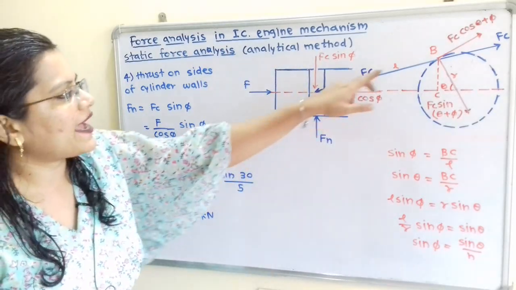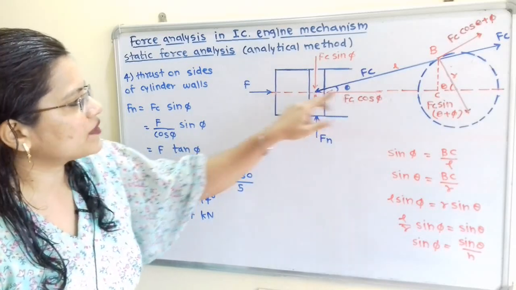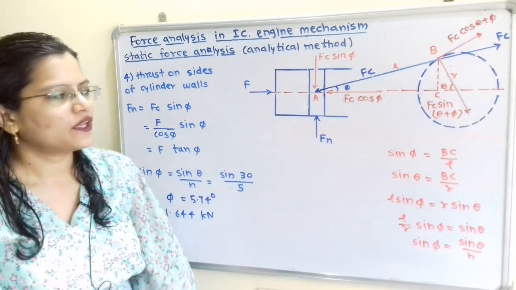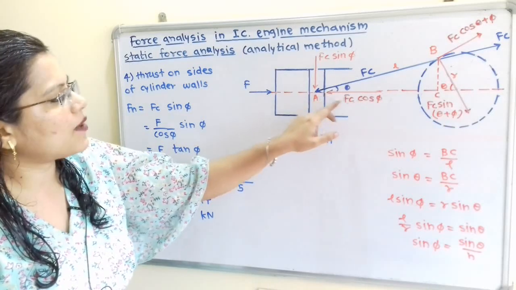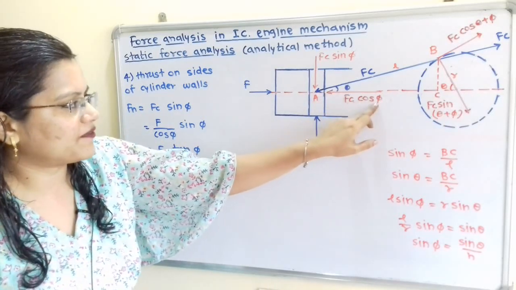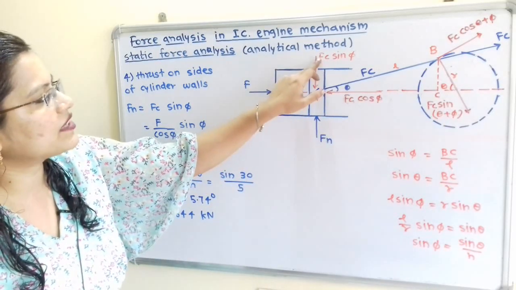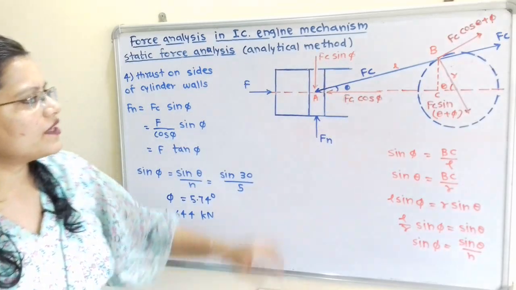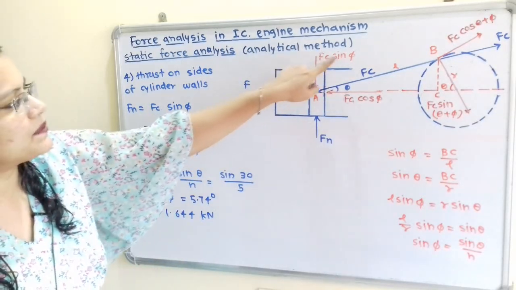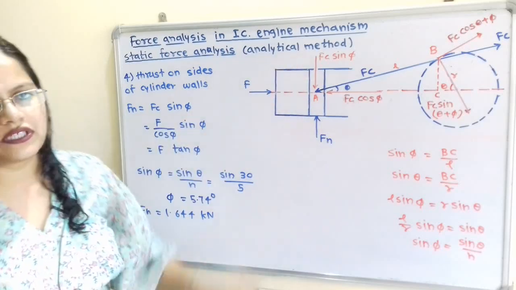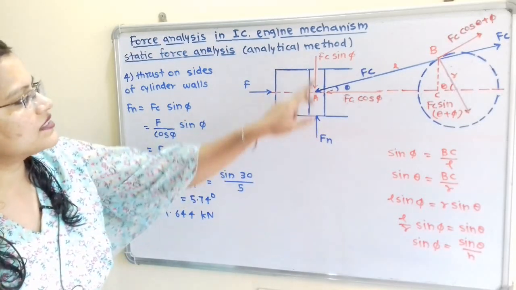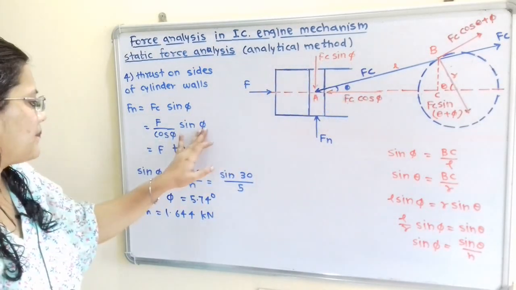The angle made by the connecting rod with the horizontal line is phi. So the horizontal component is Fc cos phi and the vertical component is Fc sin phi. Now if we observe, Fn and Fc sin phi are opposite to each other. So Fn is equal to Fc sin phi.